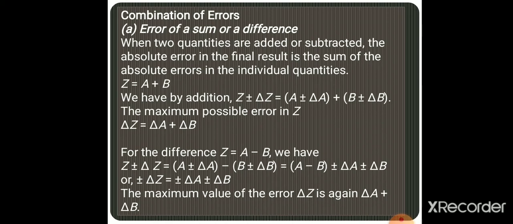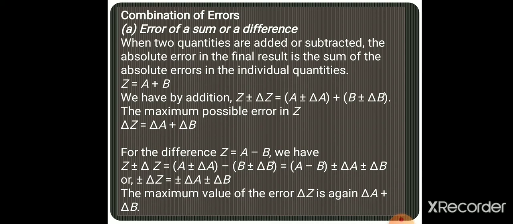For example, suppose a quantity Z is given by A plus B, then Z plus or minus delta Z is equivalent to A plus or minus delta A plus B plus or minus delta B, where delta Z is the absolute error in the calculation of Z, and delta A and delta B are the absolute errors in the measurement of A and B respectively.